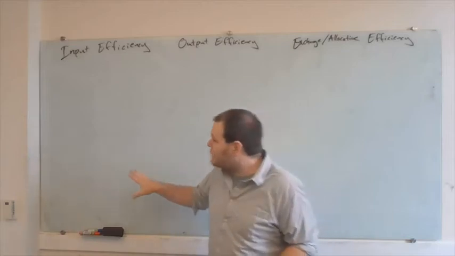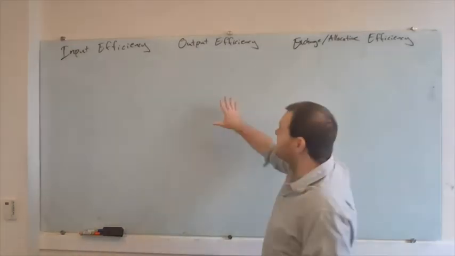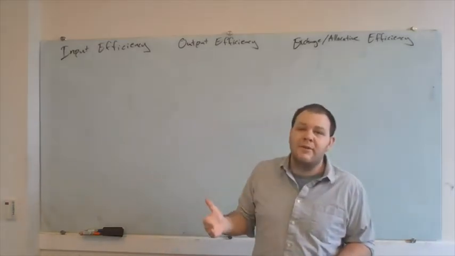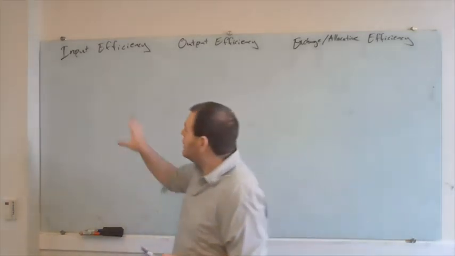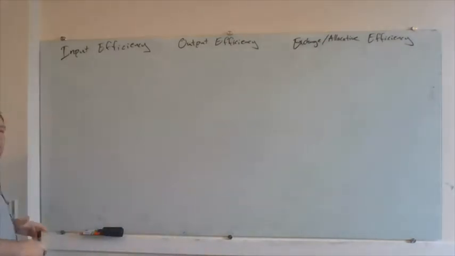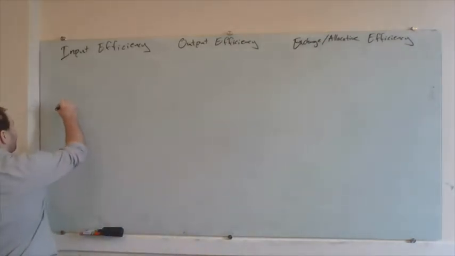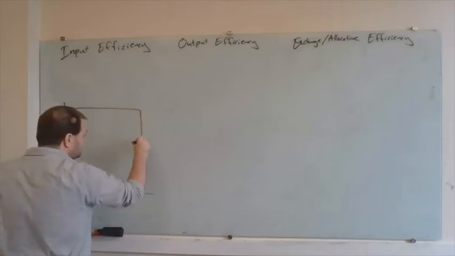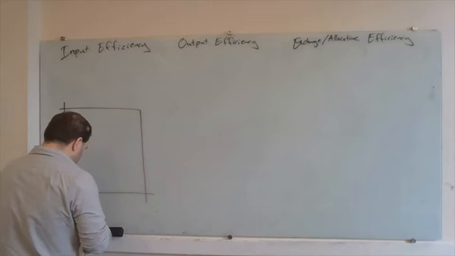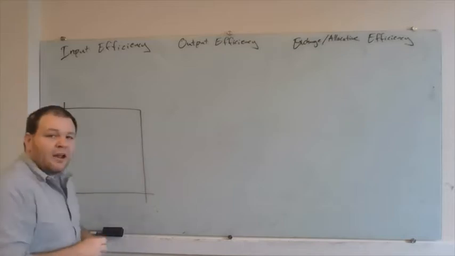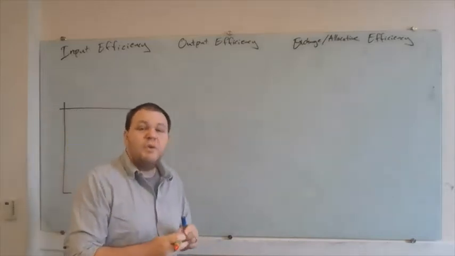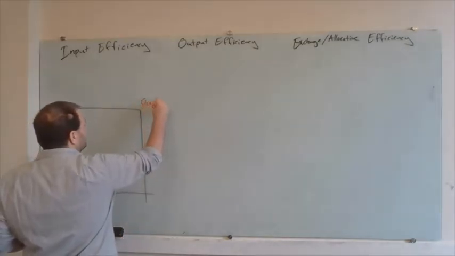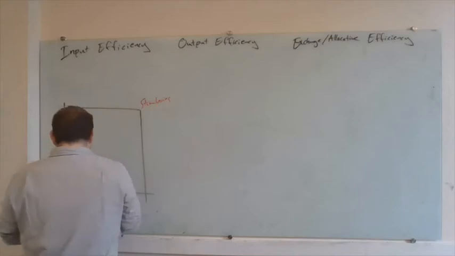So what I want to do is walk through for each of these three tasks what we need in order for that task to be done efficiently and why it'll be done efficiently in a competitive market. So let's start with input efficiency. The idea here, right, we thought about this by drawing an Edgeworth box, right, to think about how we're going to allocate all of our resources between two different industries, the strawberry industry and the avocado industry.